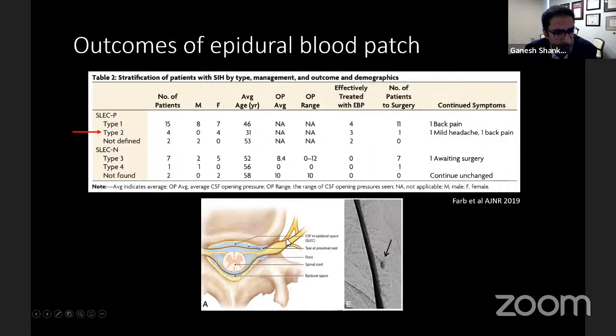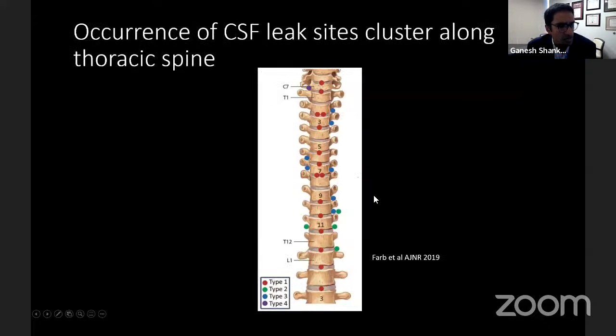In patients with a type 2 leak with a meningeal diverticula, 3 of 4 patients were treated effectively with a blood patch. So I think depending on the type of leak that's present, one could certainly consider an epidural blood patch as a first pass. Type 3 leaks, which is the CSF venous fistula, none of those responded effectively to an epidural blood patch.